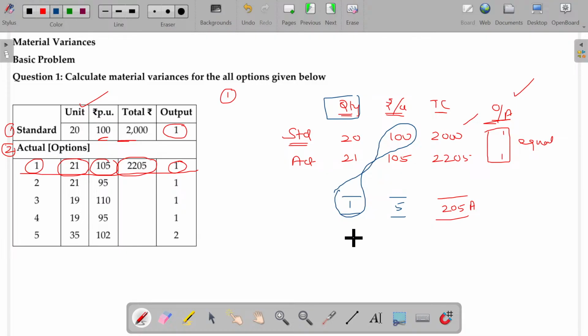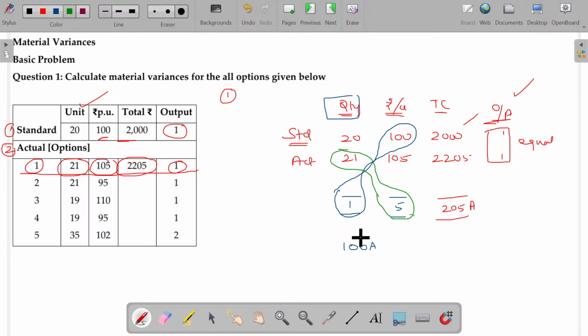How much will be the value you are losing? 100 rupees you pay extra is the adverse. Now tell me, you are paying how much extra per unit? 5 rupees extra. 5 rupees extra paid for how many units? 21 units. Okay, for 21 units, you paid 5 rupees excess.